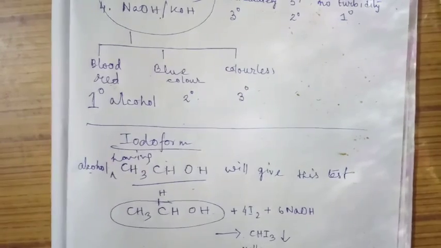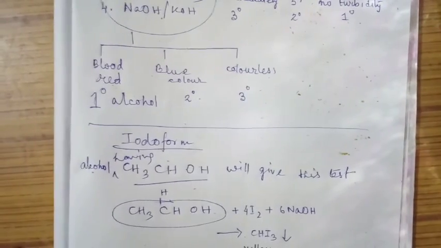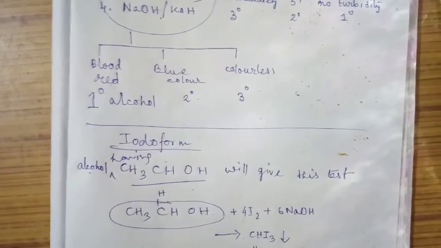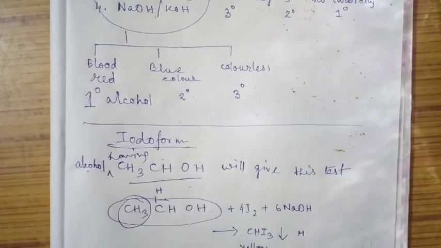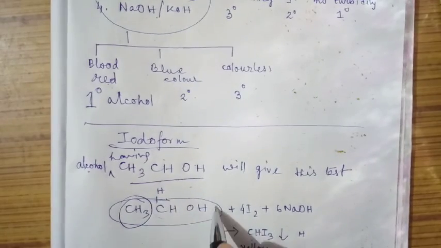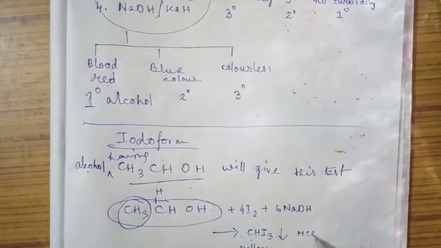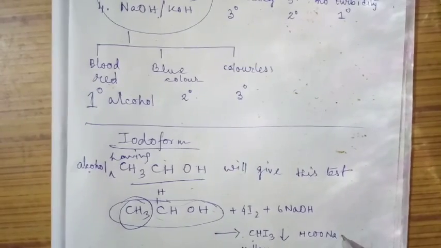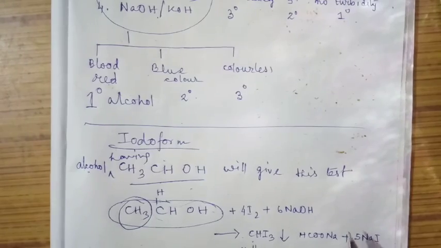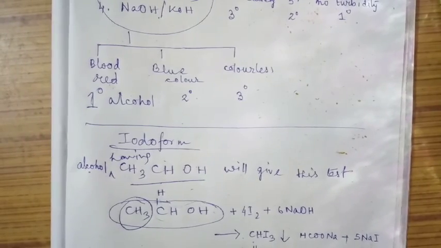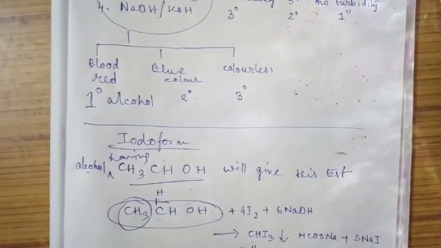Yellow color PPT you will get. Iodoform will be formed along with this. And from the rest of this we will get HCOONa plus sodium iodide plus water. This is our product mainly.